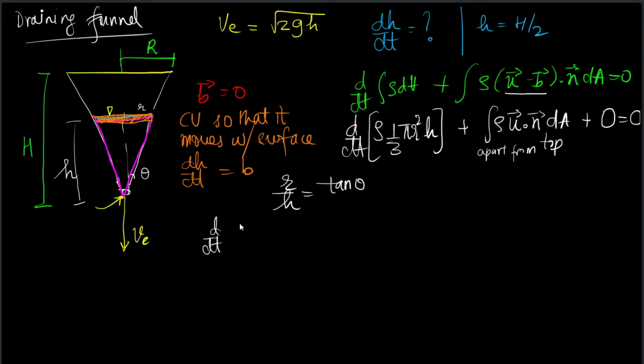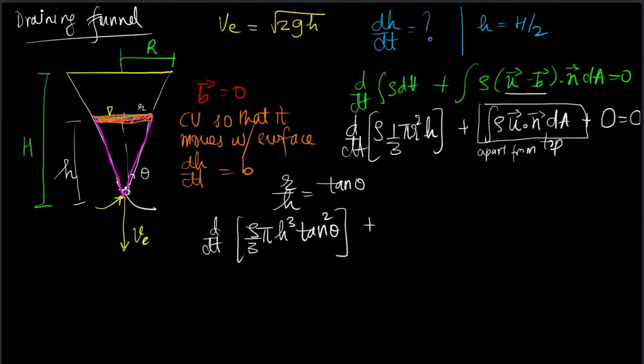So let me substitute this relationship over here. So we obtain d/dt of (rho upon 3) pi h cubed tan squared theta plus, so what about this term? So at this particular term, let's say the area at the exit is AE. So the area vector is like this and the velocity is also aligned with the normal vector.